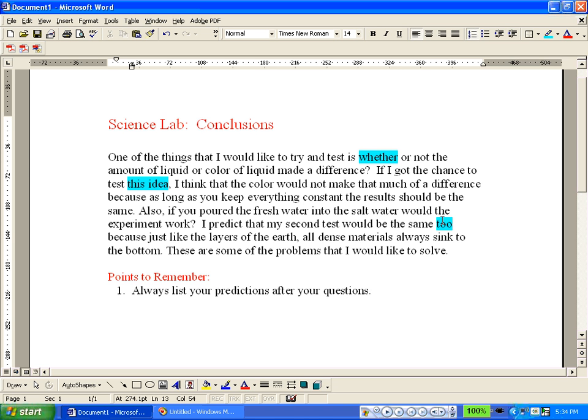That certainly works out a little bit better organizationally. Next point to remember. Always look up tricky words. Those words like weather and to and it and there are so common that it's really important that you be sure that you've used them correctly.